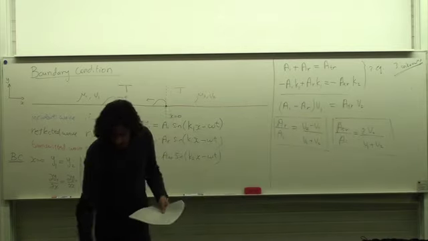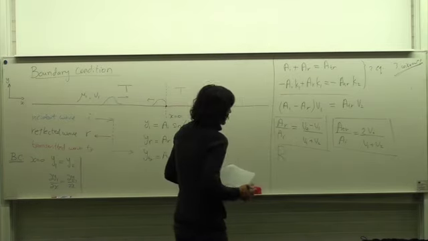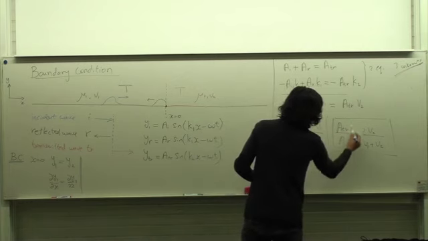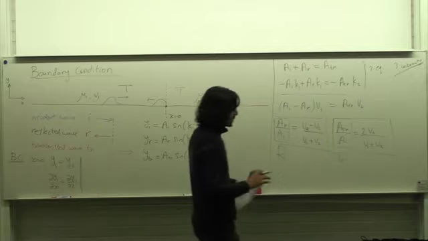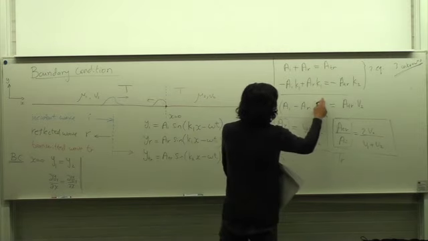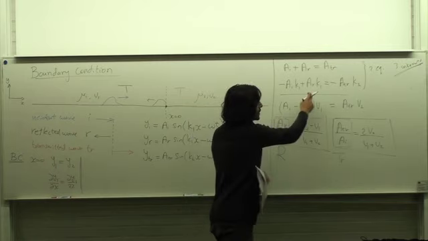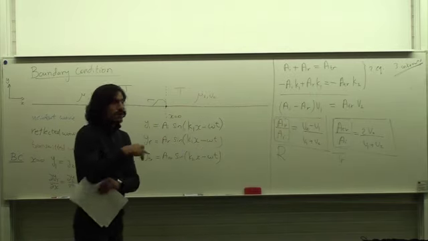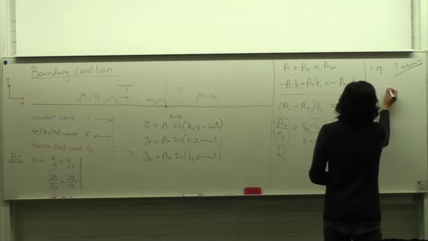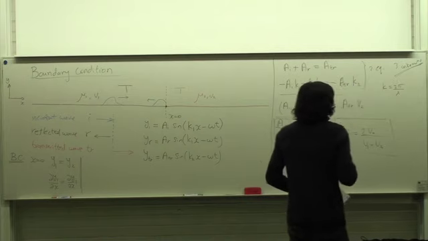Now you can also just call this the reflection factor, the whole thing here, and this would be the transmitted factor. If it's not clear how I got from here to here, you can think about the definition of the wave number, which is 2 pi over the wavelength. You can write it here: k equals 2 pi over the wavelength.